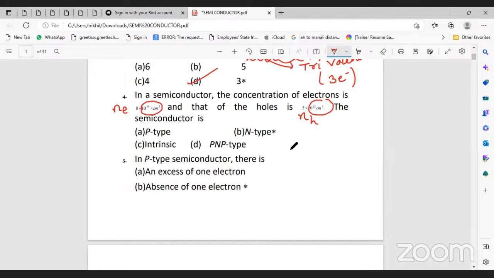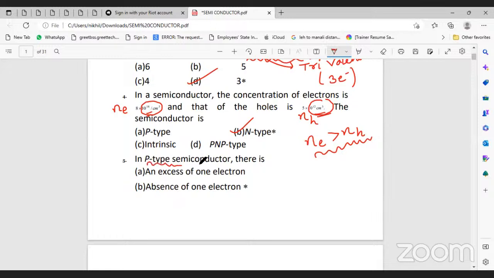So clearly the electron concentration is much more than the hole concentration, isn't it? Electron concentration is 10 power 14. Hole concentration is 10 power 12. So clearly the number of electrons is more than the number of holes. So definitely it should be an n-type semiconductor.